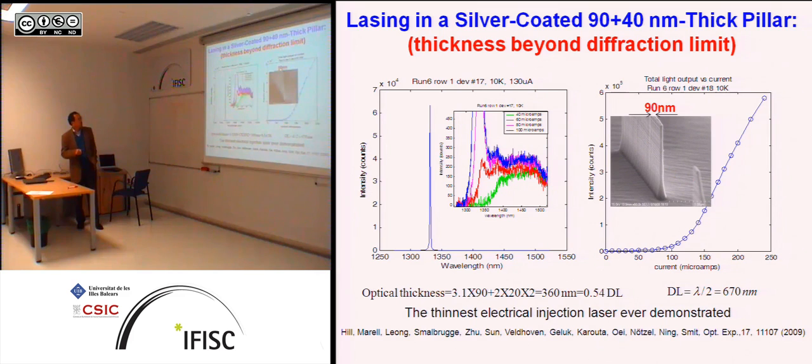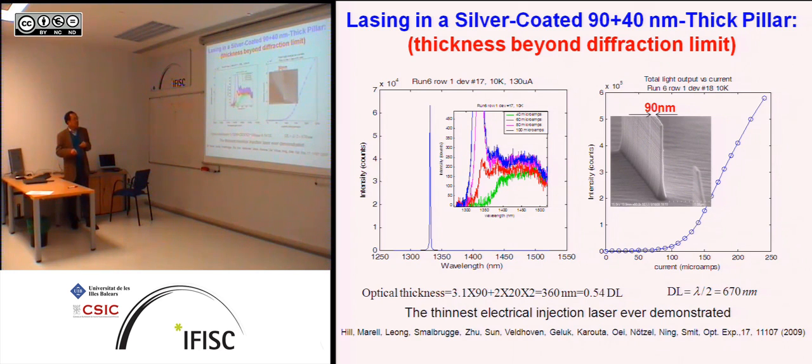This is the spectra at different pumping levels. I think there's no doubt this is a laser. This is of course at low temperature at this point, but it's electrical injection, which is quite significant. If you figure out the total optical thickness in this direction, we have about 90 nanometers of indium phosphide or InGaAs, with an index of about 3.1, plus silicon nitride, assuming an index of 2, in layers on either side of 20 nanometers each.